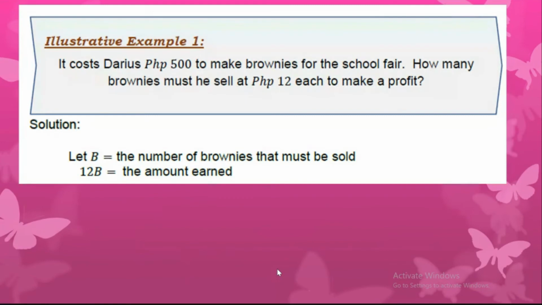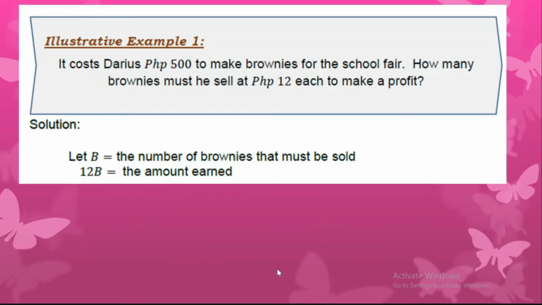In this example, it costs Darius 500 pesos to make brownies for the school fair. How many brownies must he sell at 12 pesos each to make a profit? So for the solution, we have to let values for the given problem.